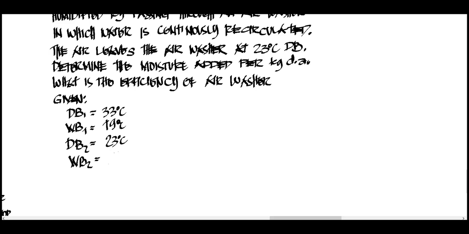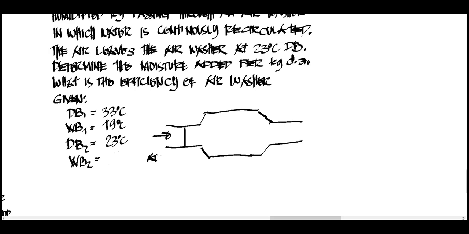So let's draw a schematic diagram for this type of washer. We have your air entering here, which will be your point 1. Then we have your air leaving here, which will become your point 2.